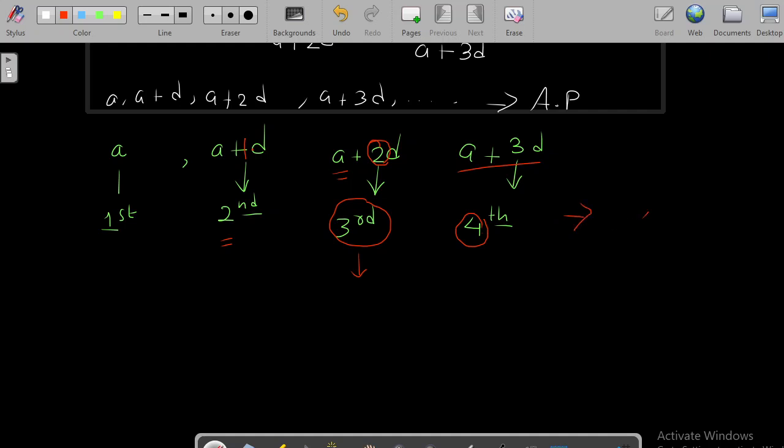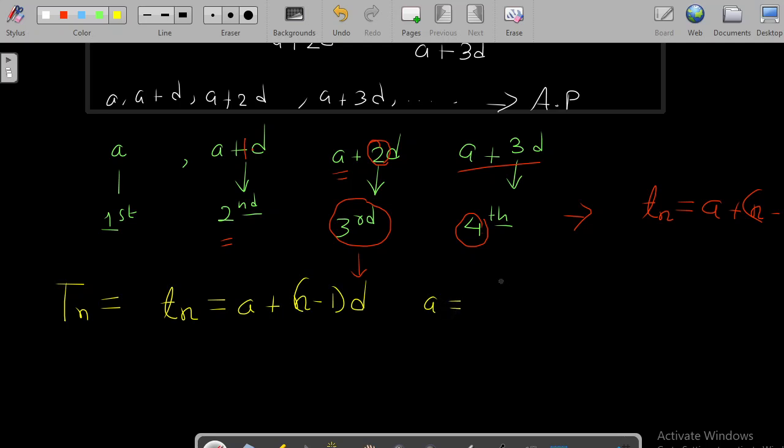Continuing in this manner, we can say the nth term of an AP, denoted by Tn, is nothing but A plus n minus 1 into D, where A is the first term and D is the common difference.